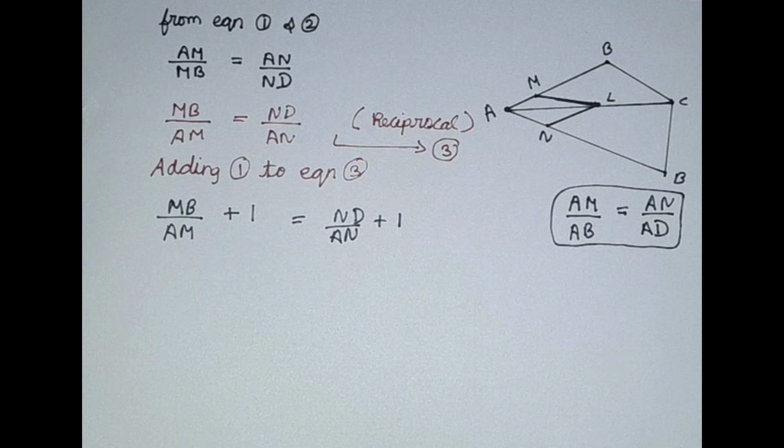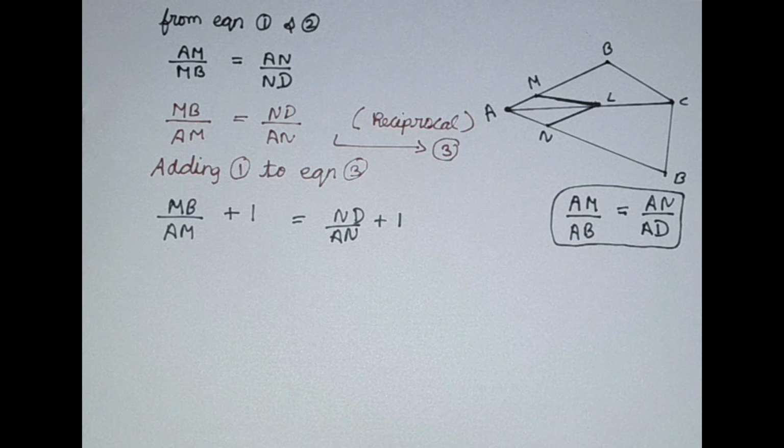You guys might be wondering, I'm adding 1 by myself and taking reciprocal by myself. This is not the condition given in the chapter, or something mentioned in the theorem. Can we just add 1 randomly, or take reciprocal ourselves?